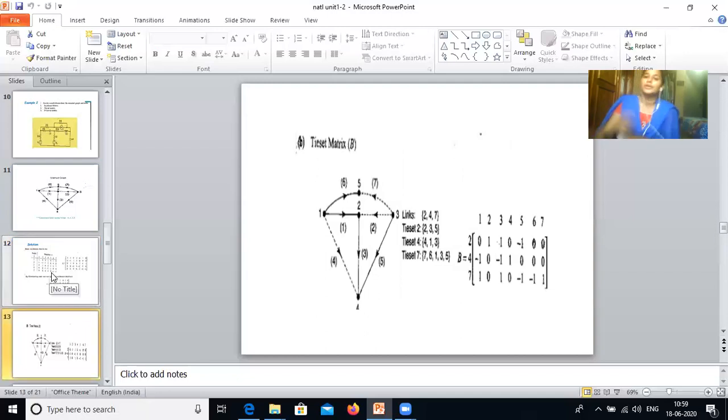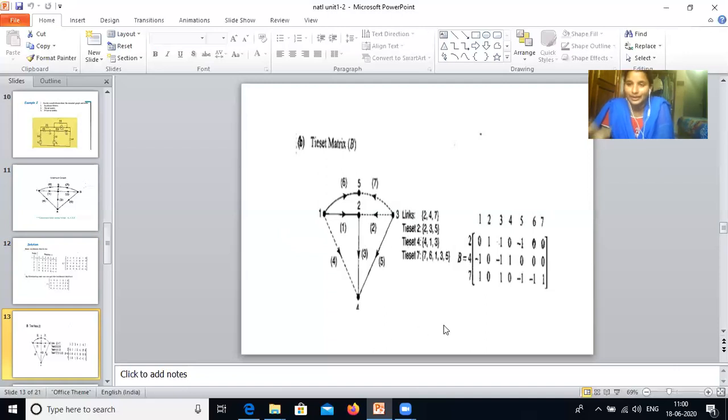I have told you about the tie-set matrix. The tie-set matrix is the number of links by the number of branches. So here I have taken one tree. What are the twigs here? 6, 1, 3 and 5 are the twigs. And what are the links? Links are 2, 4 and 7.